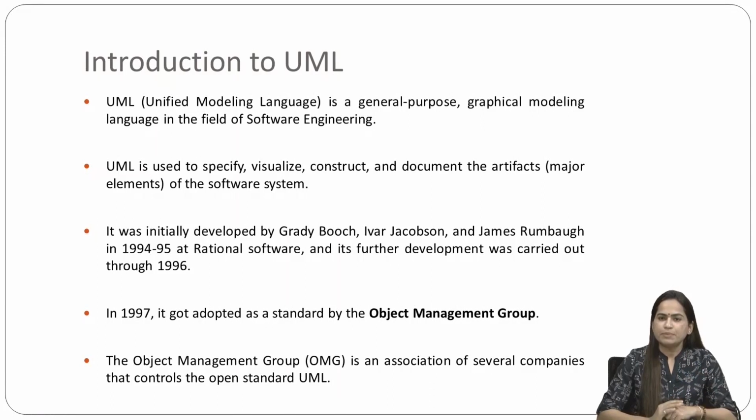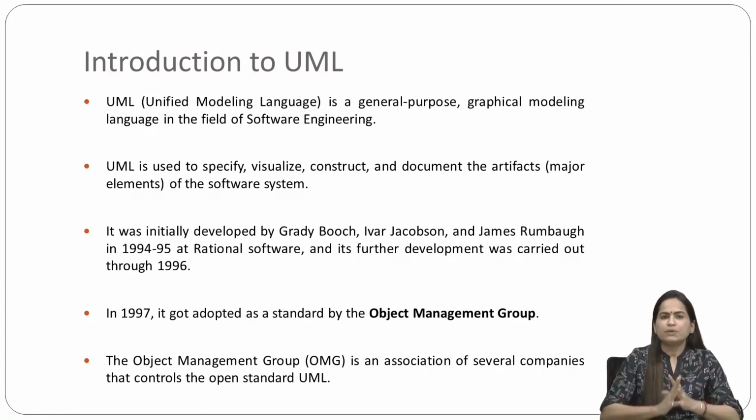It is a general purpose graphical modeling language used in the field of software engineering. Basically, it is used for specifying, visualizing, constructing and documenting the artifacts, meaning the major elements of the software system.